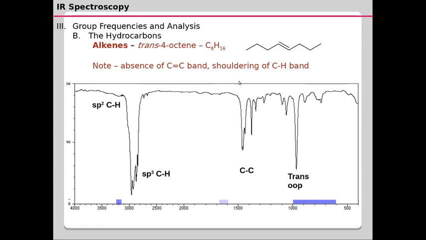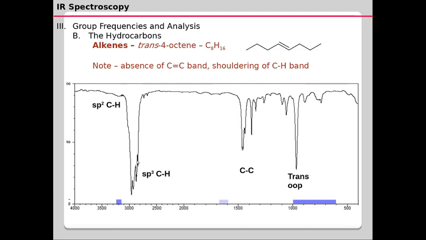So if you see the spectrum here, you can see that the carbon hydrogen vibration of sp2 carbon, that means the carbon hydrogen bonds of these two carbons here, can be seen as a very weak band right over here. Okay, so this one is very weak.